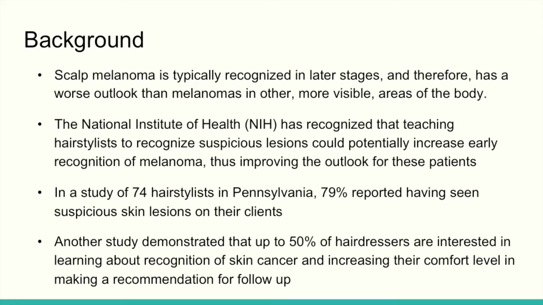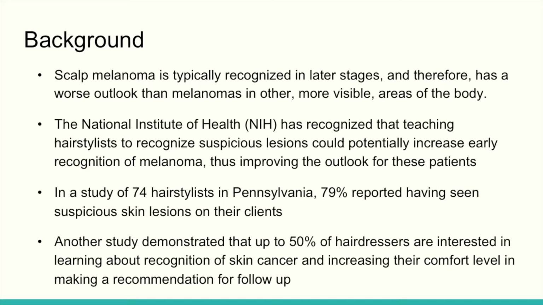So just a little bit of background. Scalp melanoma is typically recognized in the later stages, and because of that, it has a worse outlook than other melanomas that are typically found in more visible parts of the body. The National Institute of Health has recognized that teaching hairstylists to recognize suspicious lesions could potentially increase early recognition of melanoma, which would improve outlook and the prognosis for patients with melanoma.